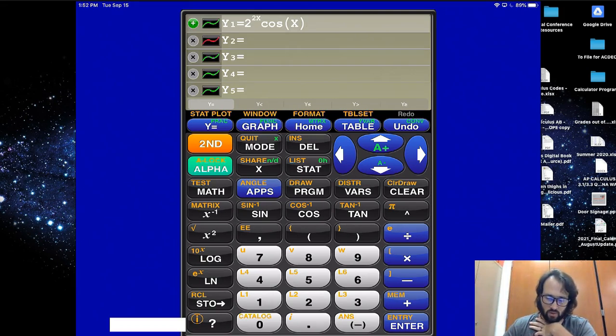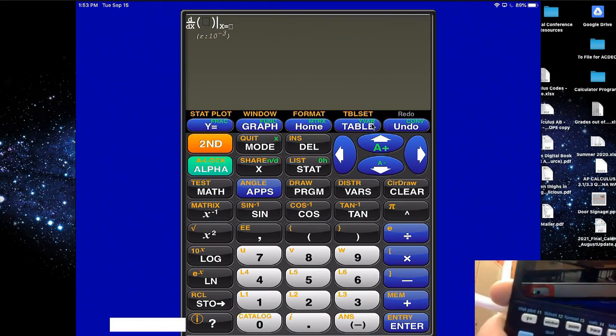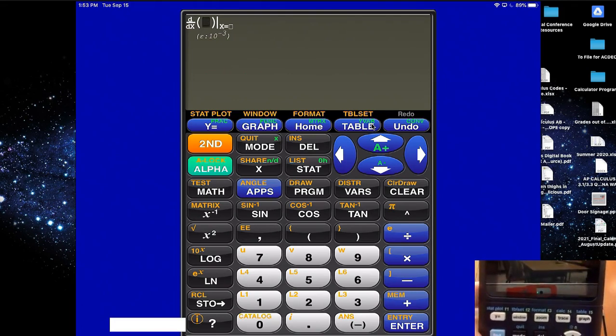So when I go back home, notice right here in green, on your calculator it will just be option F4. That's why it's in green. It's this option F4, right above trace.